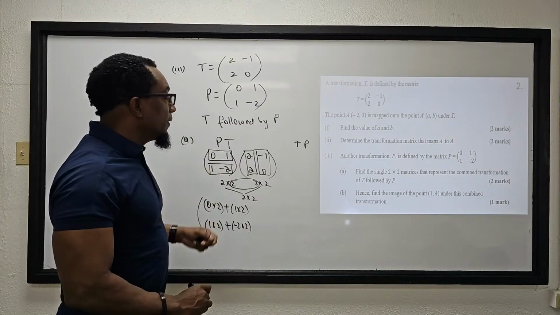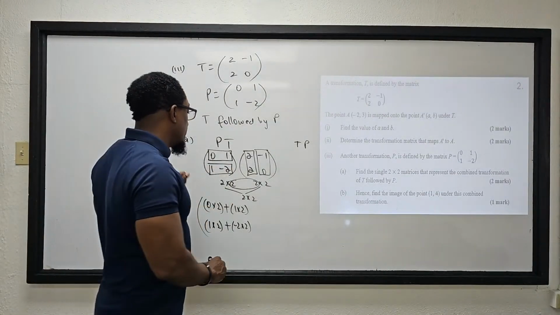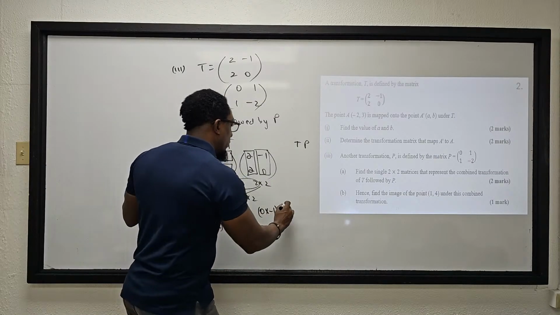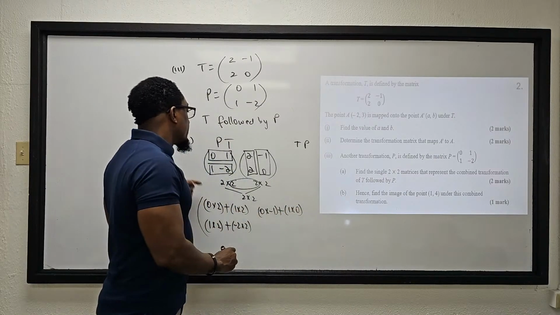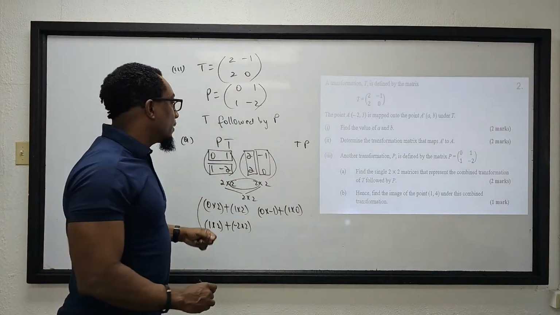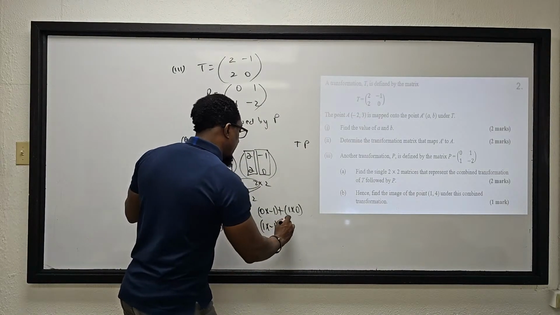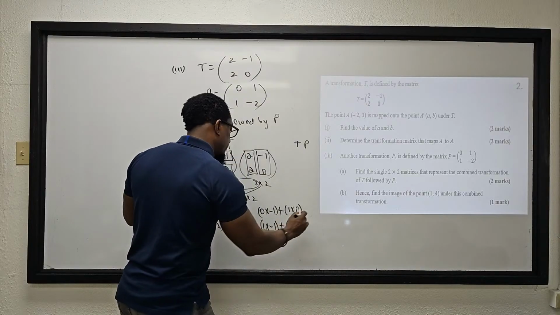Now let's take my first row by my second column: 0 by negative 1 plus 1 by 0. And second row by my second column: 1 by negative 1 plus negative 2 by 0.